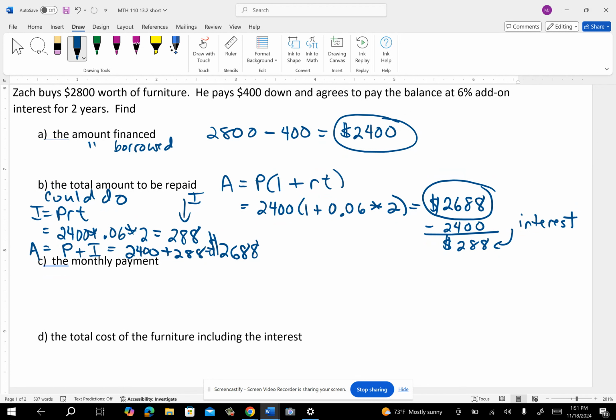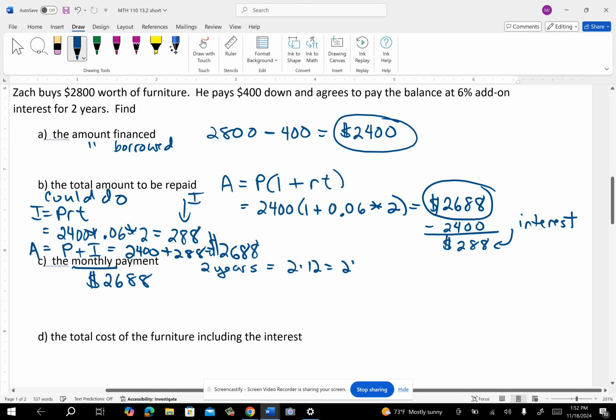All right, now if I need to calculate what my monthly payment would be, I'm going to have to pay a total of $2,688, and I'm going to pay that off in 2 years, and I want equal monthly payments. So that means I have to think about how 2 years equals 2 times 12, or 24 months, doesn't it?